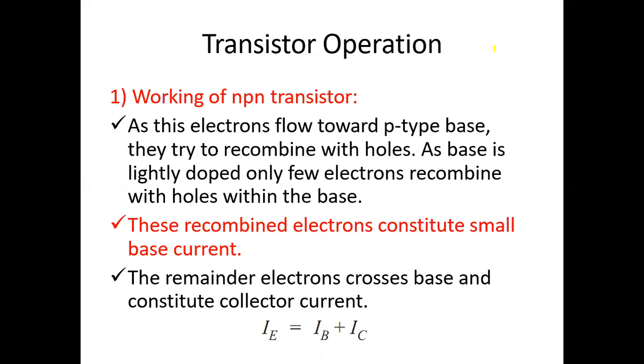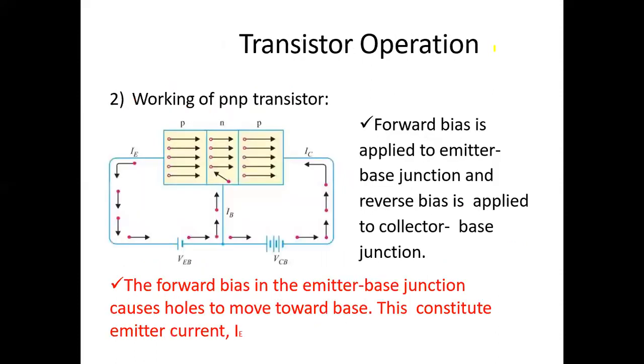As the base is lightly doped, only a few electrons recombine with holes within the base. These recombined electrons constitute a small base current, and we can write the equation IE = IB + IC. This is very important for calculating emitter current, base current, and collector current. If you know the base and collector currents, then we can calculate IE = IB + IC.